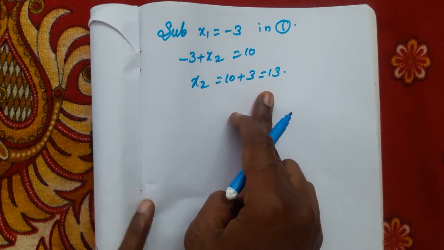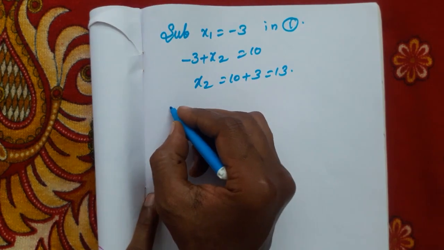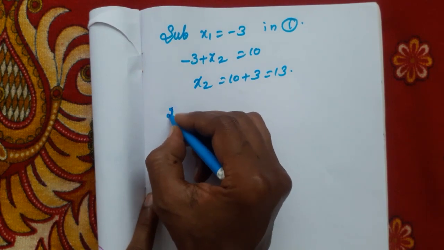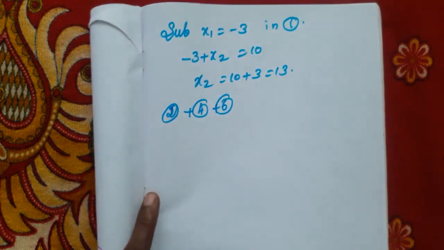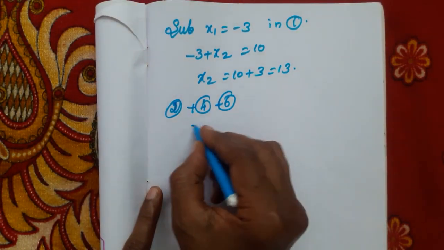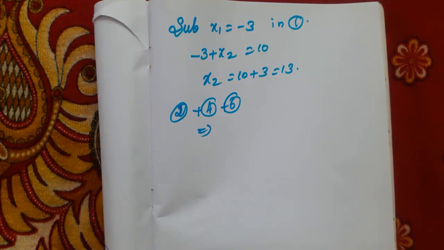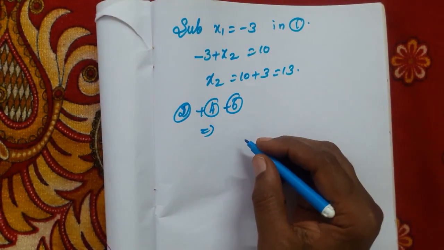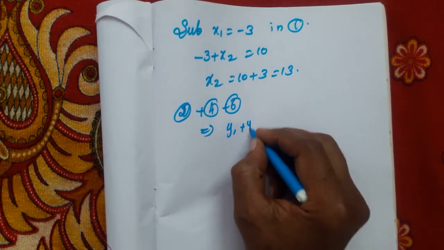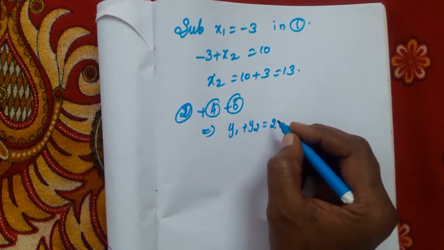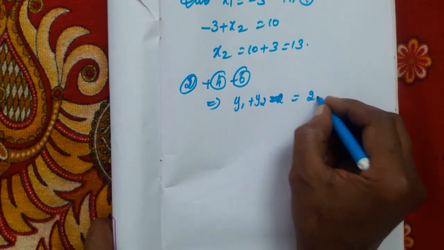Any doubt? Similarly, we have to add equations 2, 4 and 6. What will we get? Listen here. Equation 2 is y1 plus y2 is equal to 2.